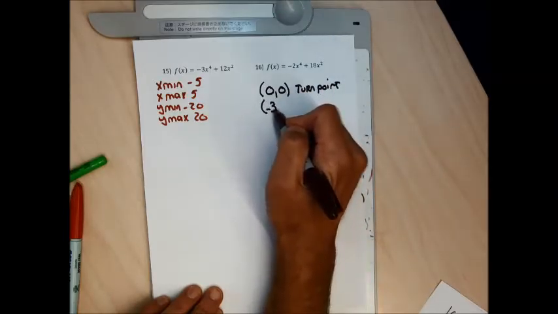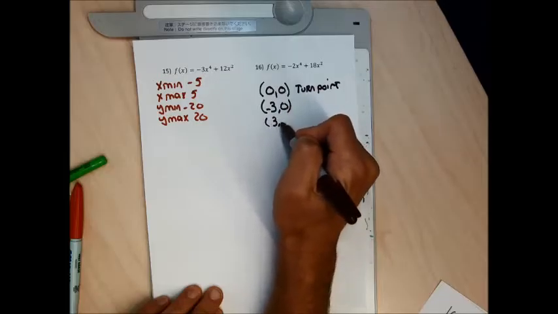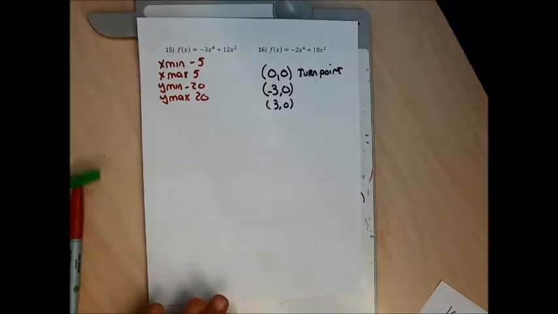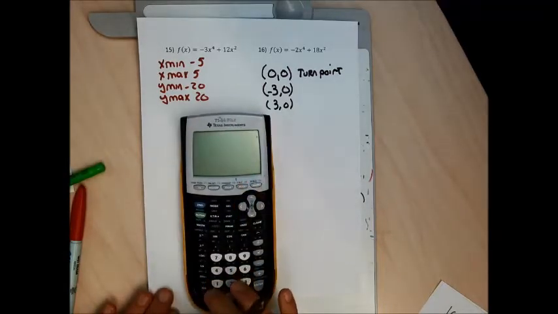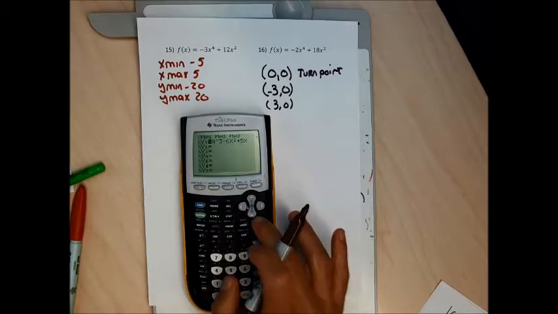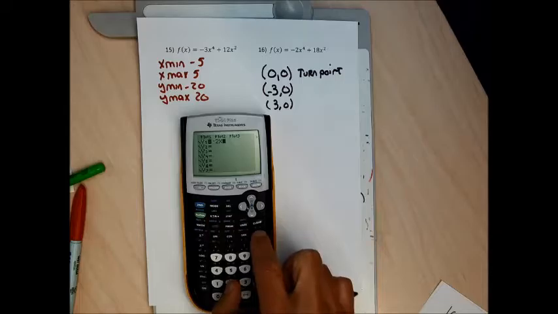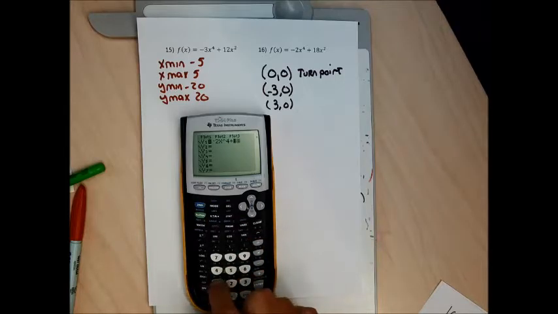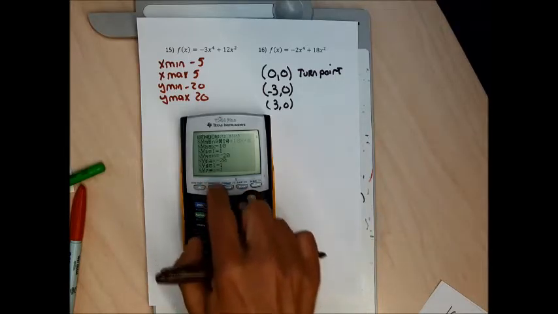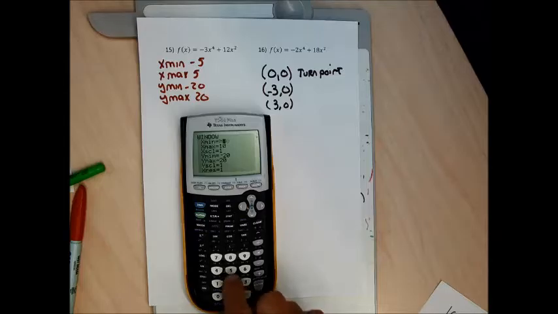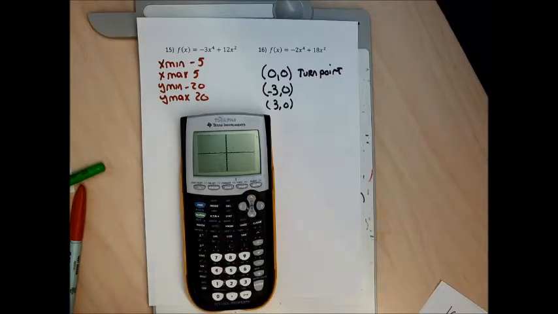And the points (negative 3, 0) and (positive 3, 0) aren't going to be turning points because they have odd multiplicity. So on Y equals, clear, negative 2x to the 4th plus 18x squared, window negative 5 to 5 and negative 20 to 20. Let's see what that looks like.